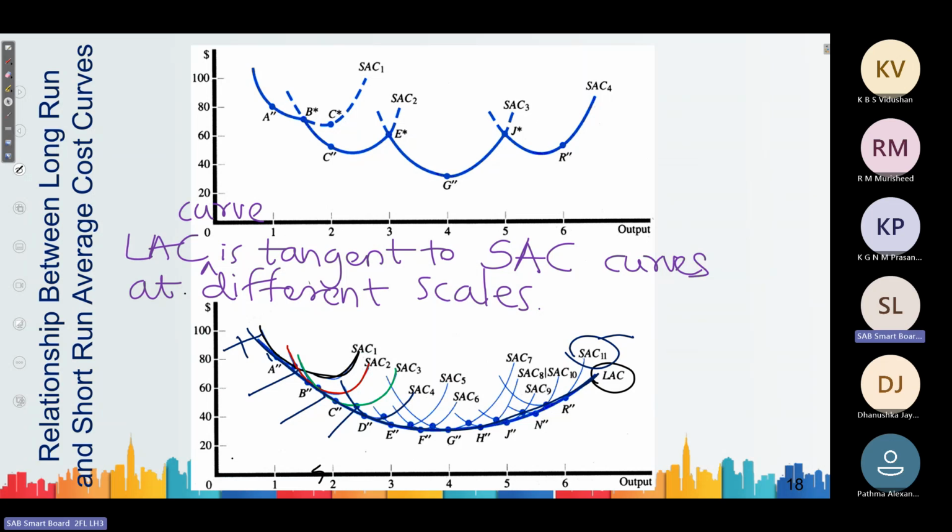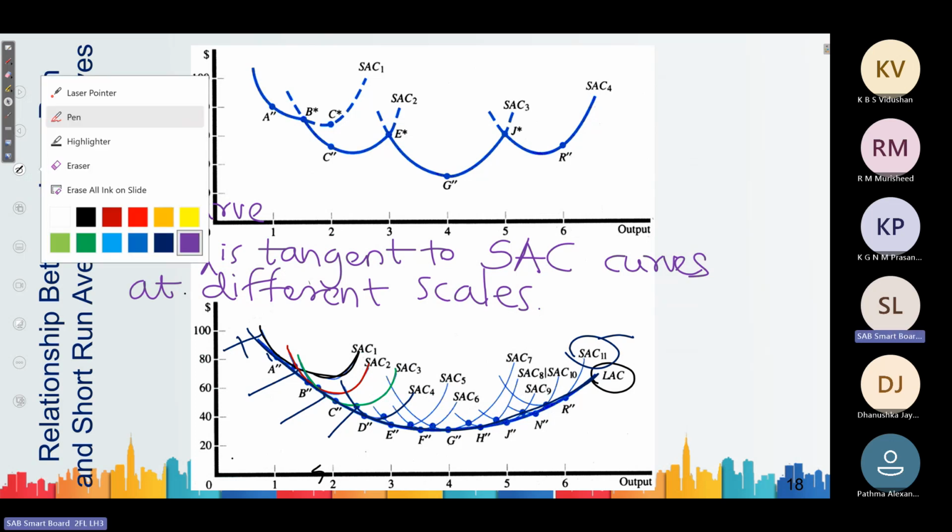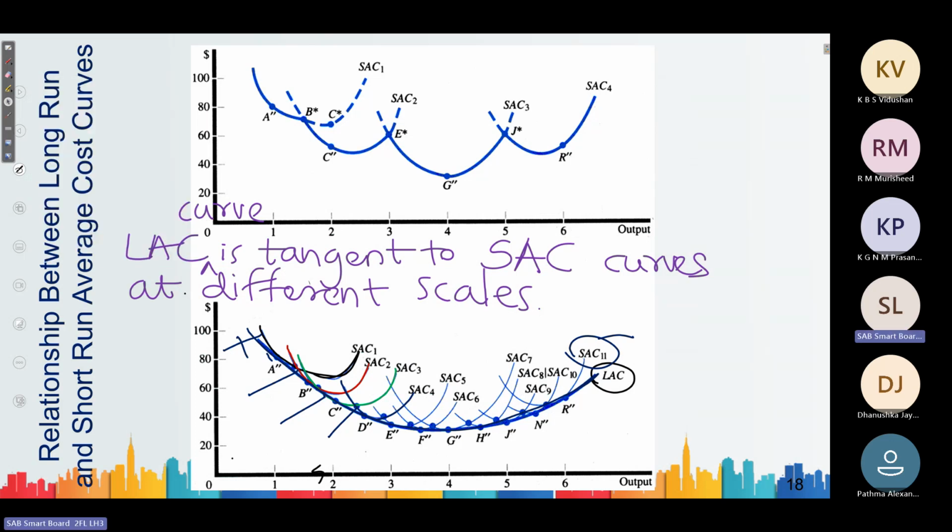So these are the short-run average cost curves at different scales. This is scale 1, this is scale 2, this is scale 3, this is scale 4. And the long-run average cost curve is tangent to these different short-run average cost curves like this.